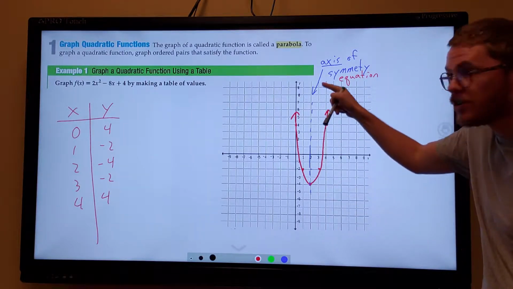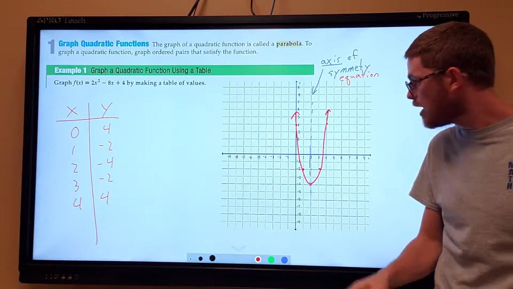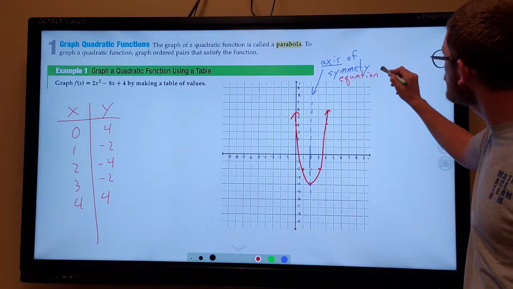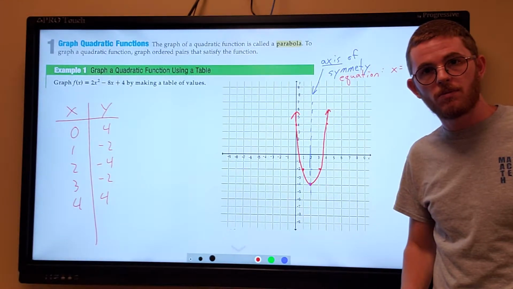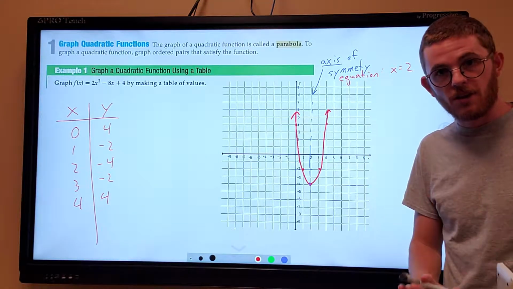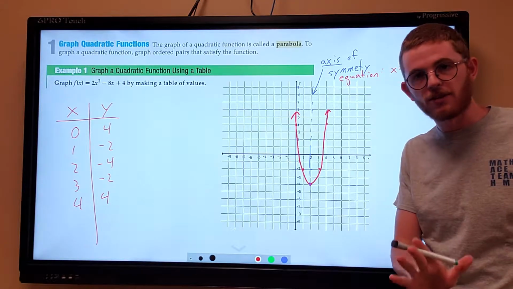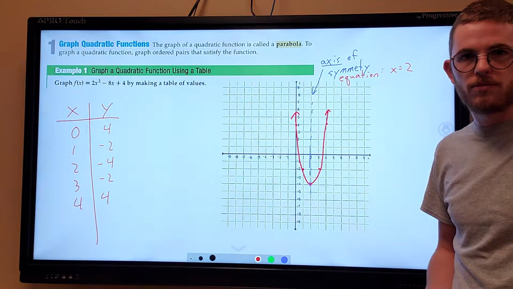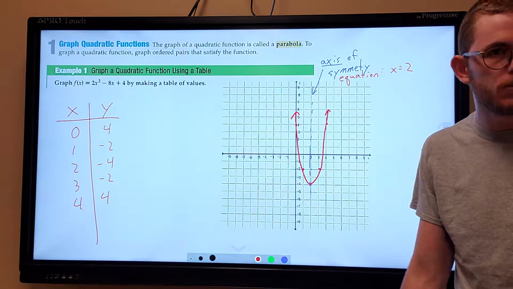This right here is a vertical line that goes through the x-axis at 2. And so that equation is x equals 2. It's an equation. Okay? So that's important. The first time, someone's going to just put 2 for the axis of symmetry. It's not 2. It's x equals 2.